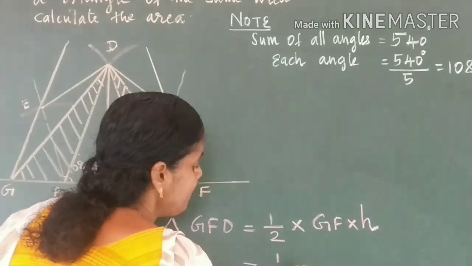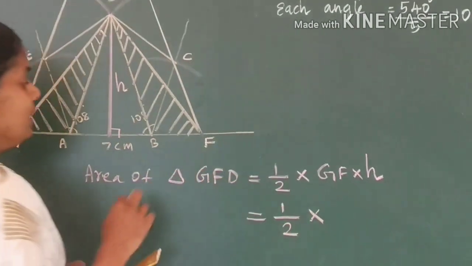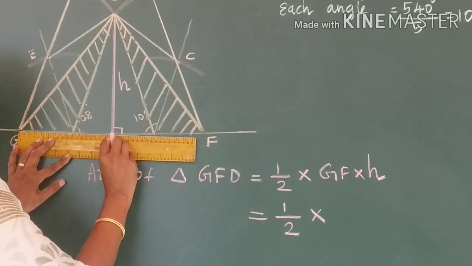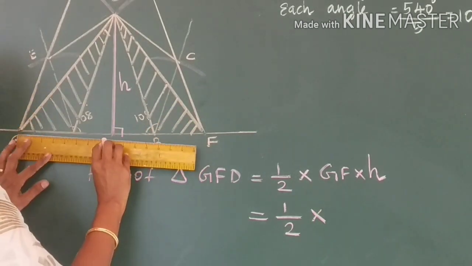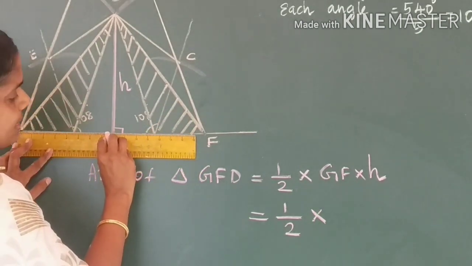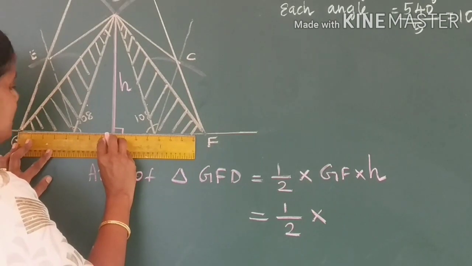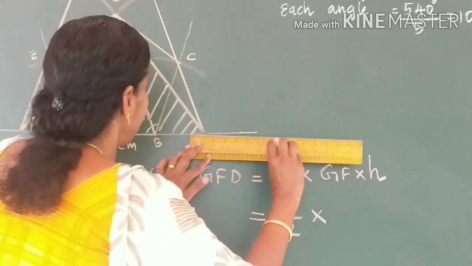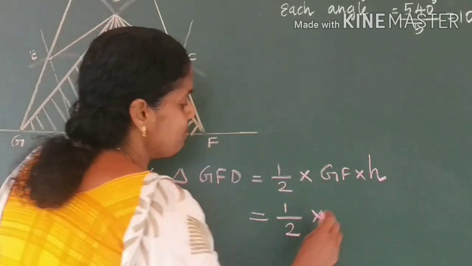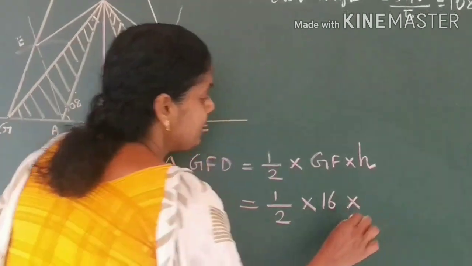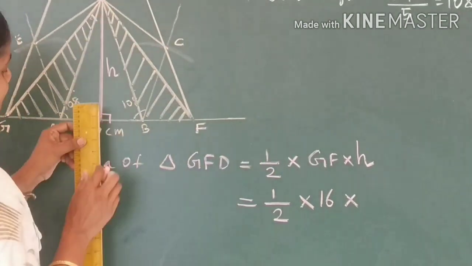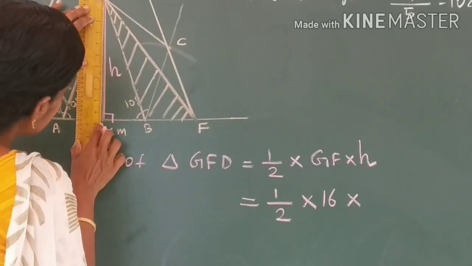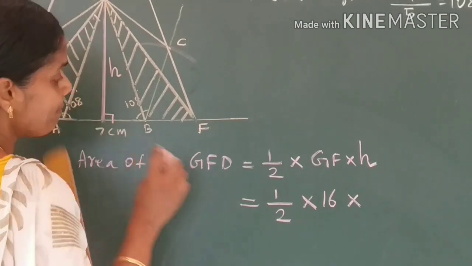That is equal to half into, let me measure the length. For me, the measure G to F is more than 15, 16 centimeter. So, half into 16 into perpendicular height. From D to this point, I am getting 10.4.